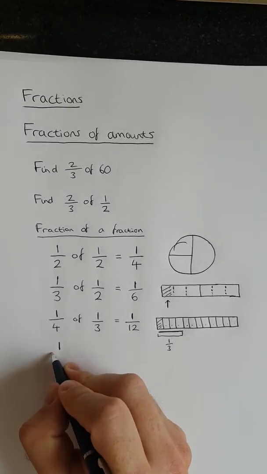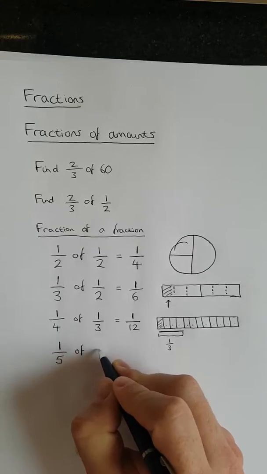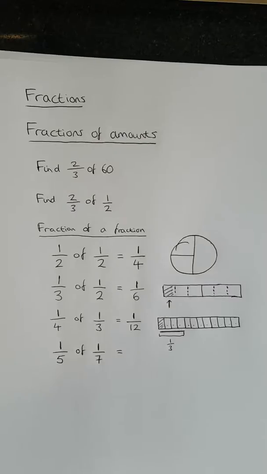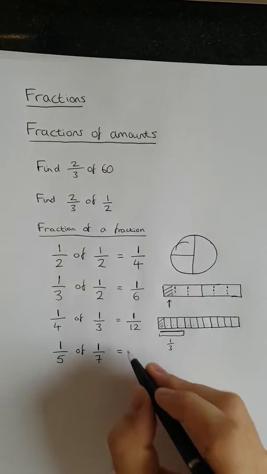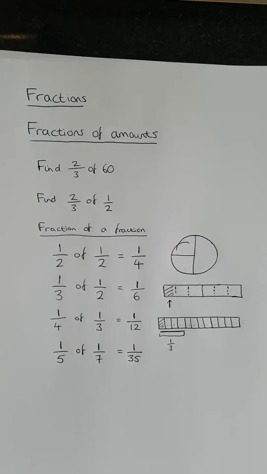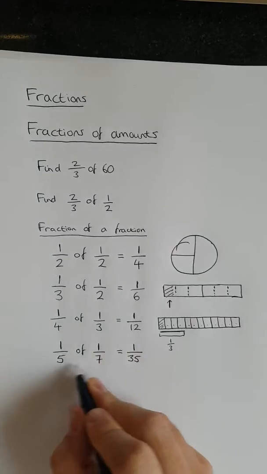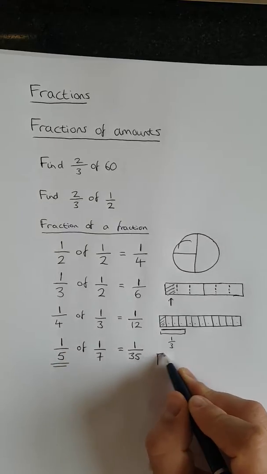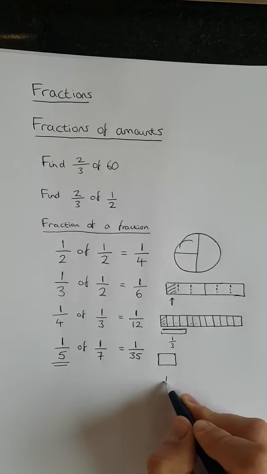If I then said to you, what's 1/5 of 1/7? You should be able to come up with some ideas. I'm hoping that some of you were going to suggest it's this. Because what we're going to do to find 1/5 of 1/7 is we're going to draw 1/7.